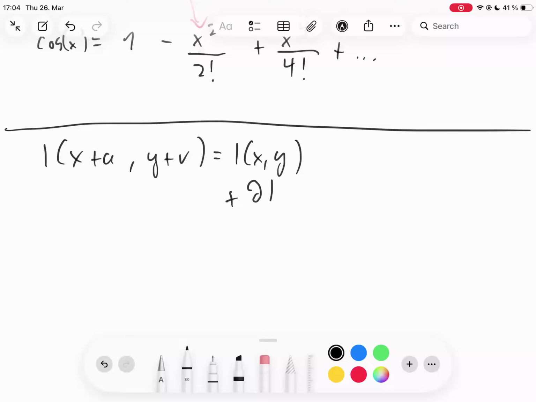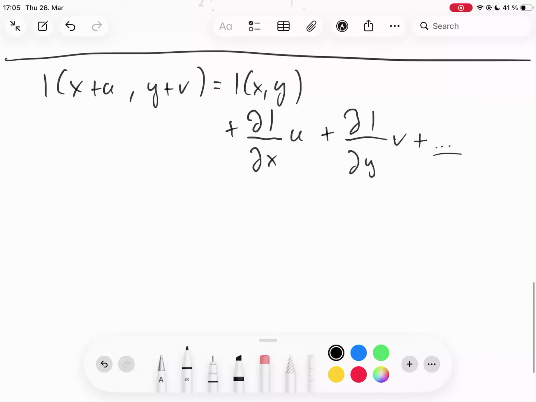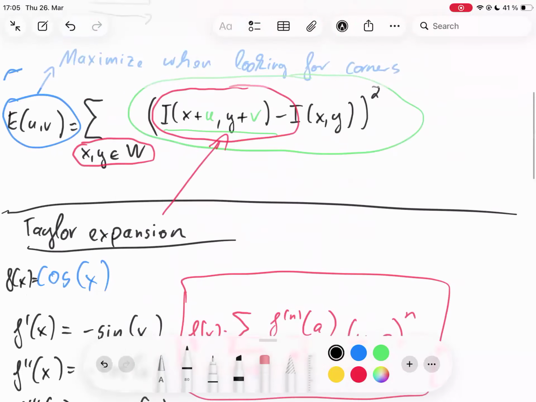So this is a partial derivative of the intensity function along x multiplied by u plus the partial derivative of the intensity function along y times v plus dot dot dot, because we want to differentiate this infinitely, but obviously we are stopping at some point, so plus the remainder. Now, if we go back to our error function, error at uv, this was the one we had here before.